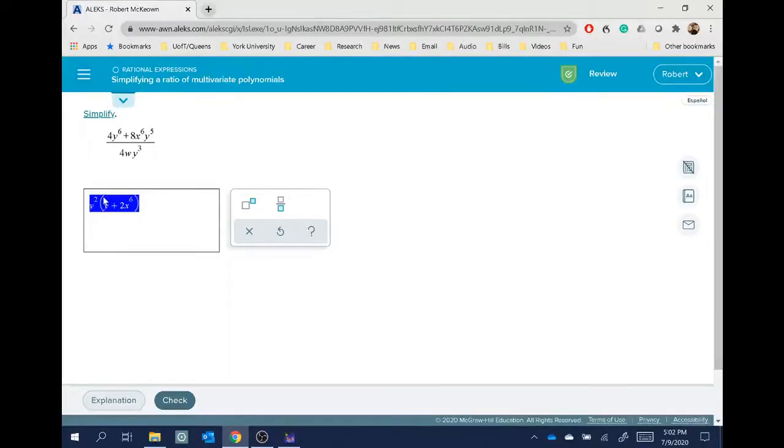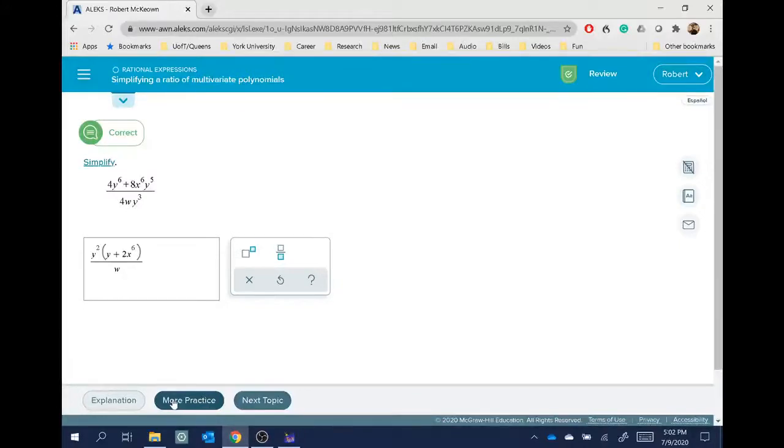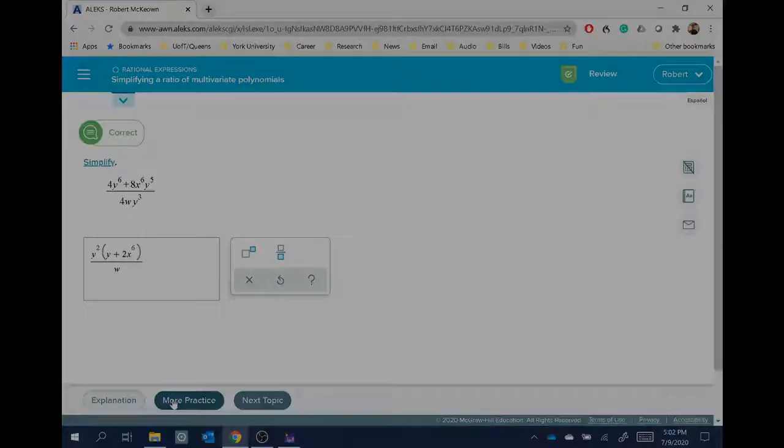And then maybe I'll highlight this whole thing. Then I'm going to hit this button here and create a fraction for our w. And if I click on the check button, let's see if we get the right answer. And we did. So we simplified it as much as possible, and we used those exponent rules that I just showed you.